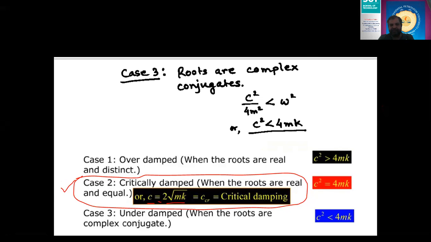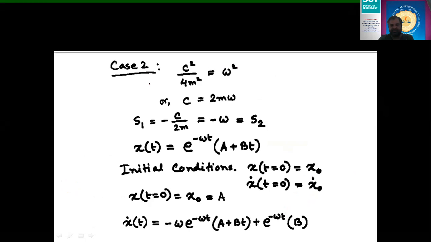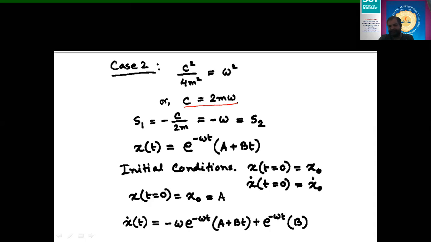So this equation is written: C square by 4m square is equal to omega square. So C is equal to twice m omega. If you find the roots for this, what will be the values of S1 and S2?